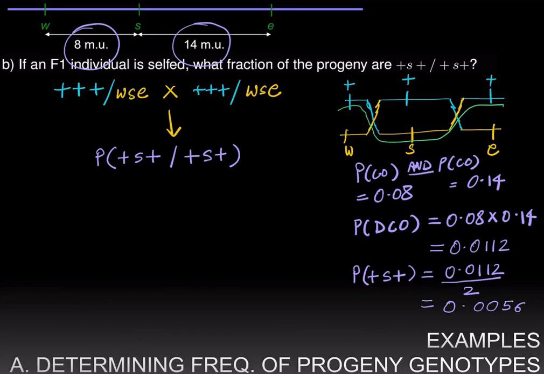Now, that's the probability of getting a plus S plus gamete from one of these trihybrid individuals.